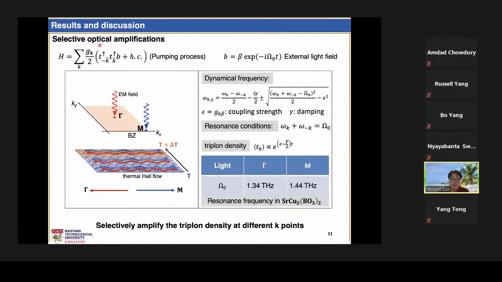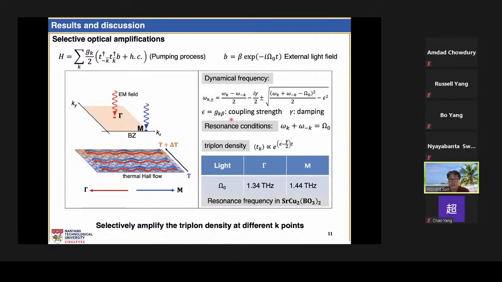We consider optical amplification, which is described by this Hamiltonian. We can see that by absorbing a photon, we can create a pair of magnons or triplons with opposite momentum. And from the Hamiltonian, we can get the dynamical equation for the time evolution of the triplon amplitude.